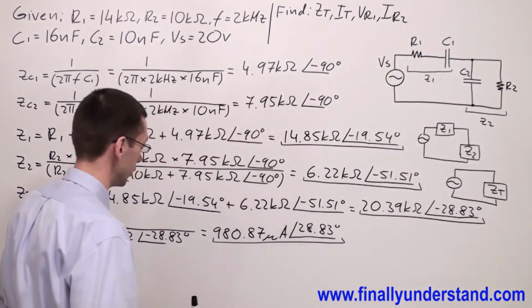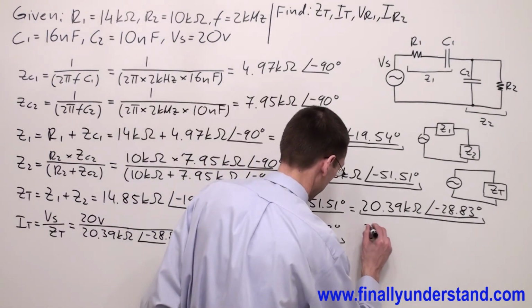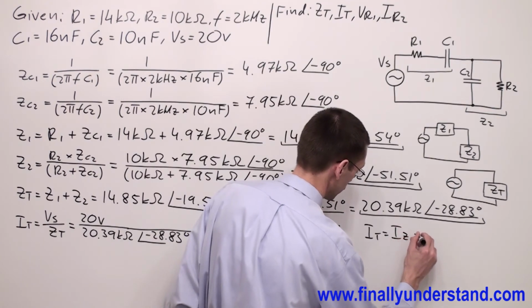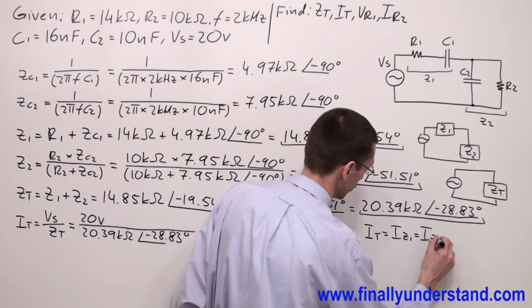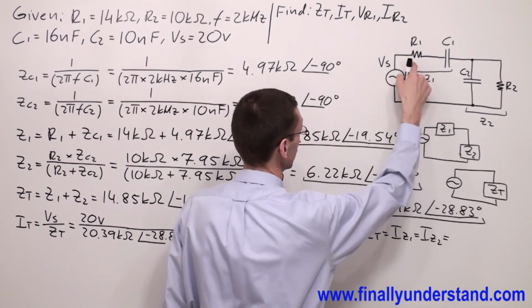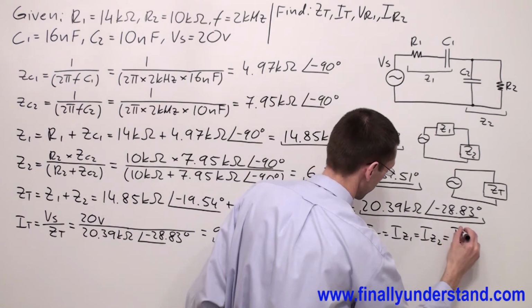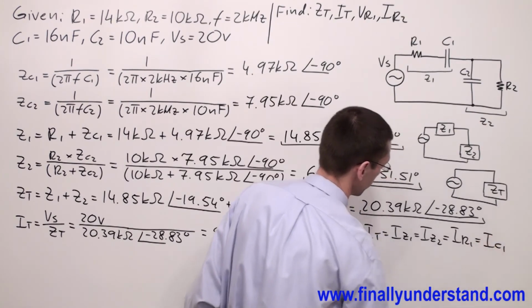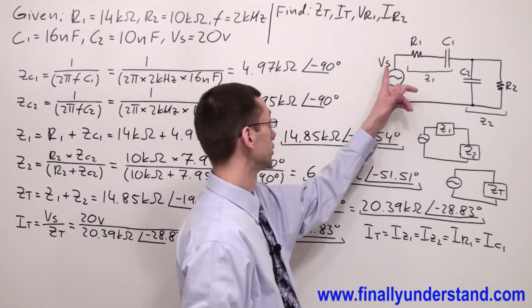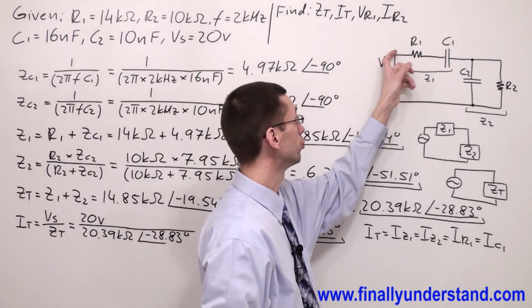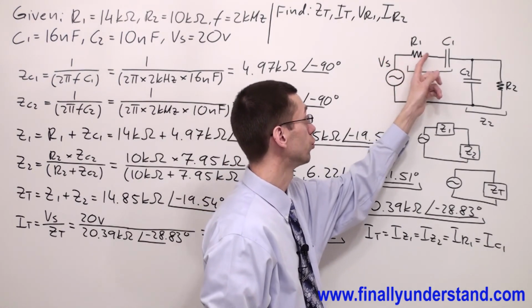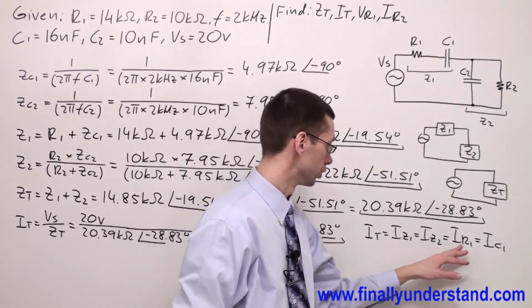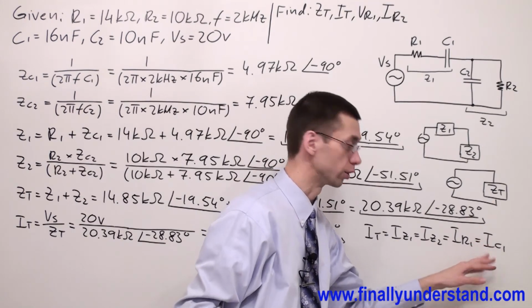So we can say that I total is equal to IZ1, is equal to IZ2, and is also equal to IR1 and is equal also to IC1. Okay? Please notice that the total current will go through resistor R1 and through capacitor C1. That's why I wrote I total is equal to IR1 and is also equal to IC1.